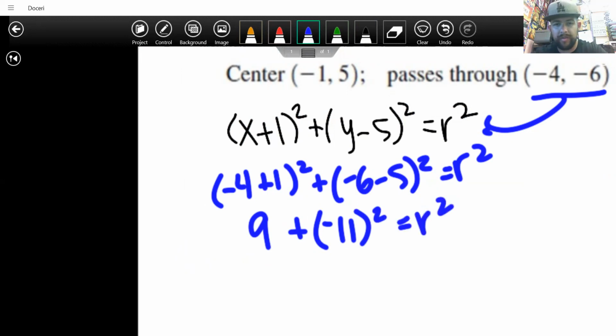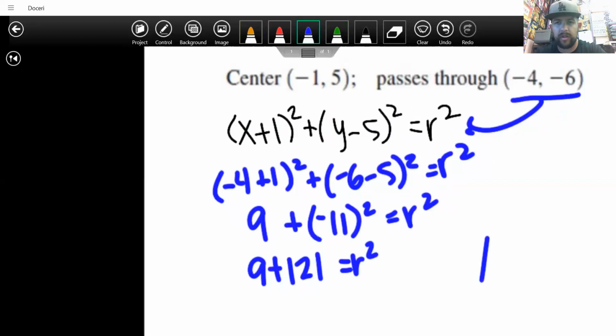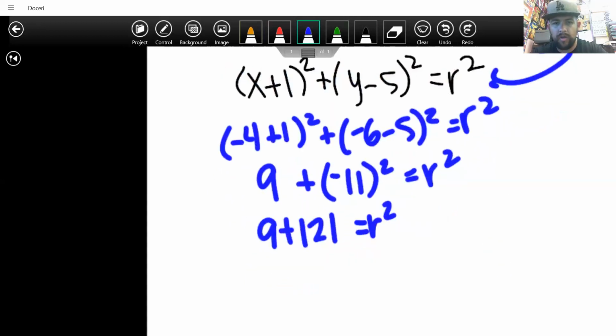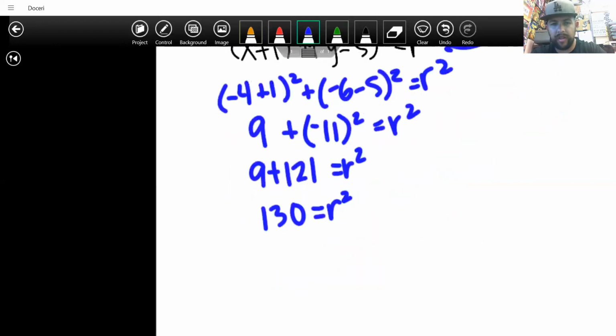Doing one more step, 9 plus 121 is equal to r squared. And then our last step, 130 is equal to r squared. So our final solution is going to be the square root of 130 will equal r.